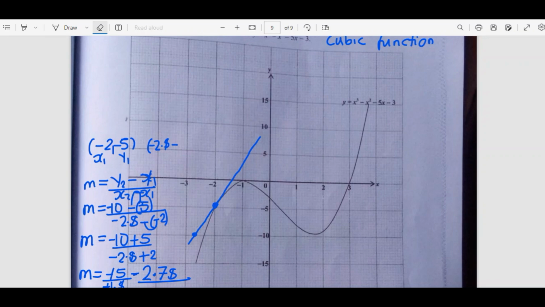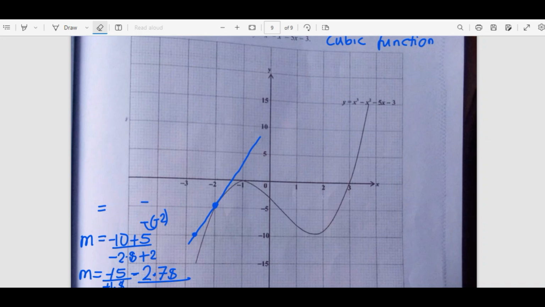The introduction of calculus can help us give the actual value. This is an approximation, but we want the actual value of the gradient at this point. Remember, the point is negative 2, negative 5. That's what we are going to do, then we'll compare so that we are able to see the difference.